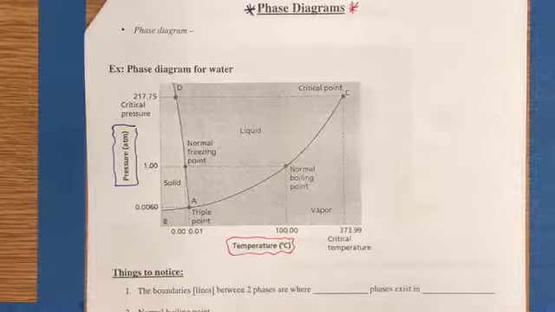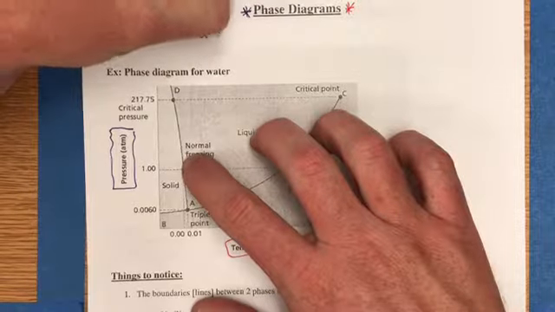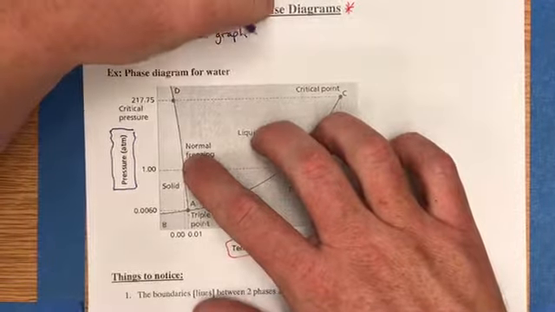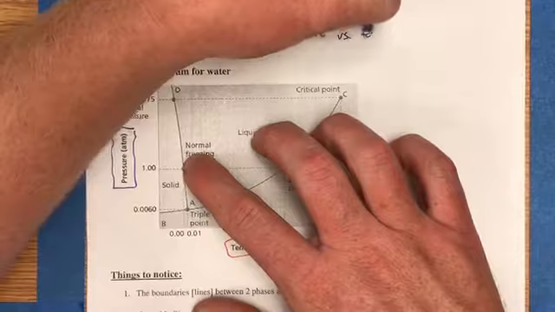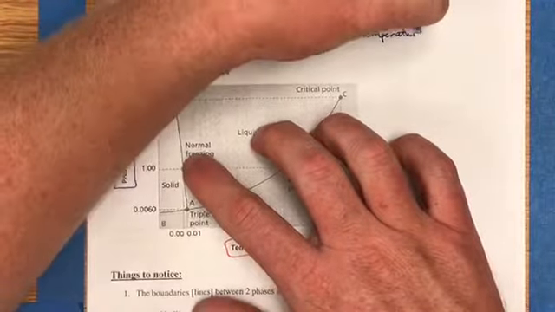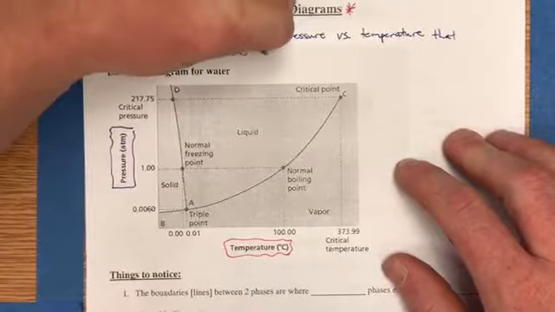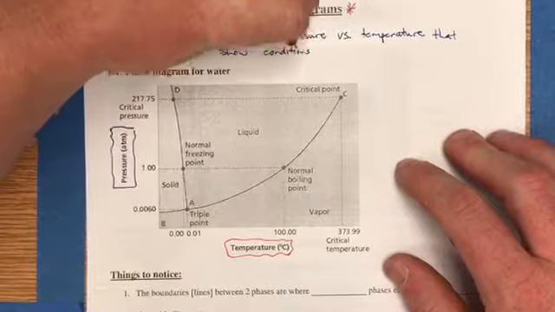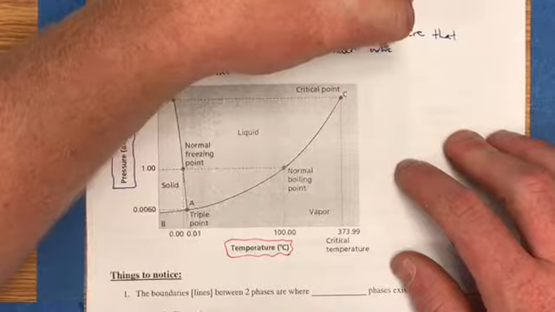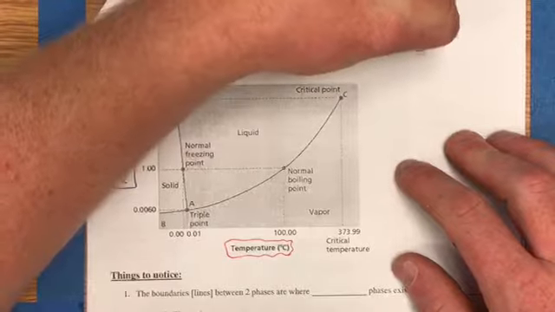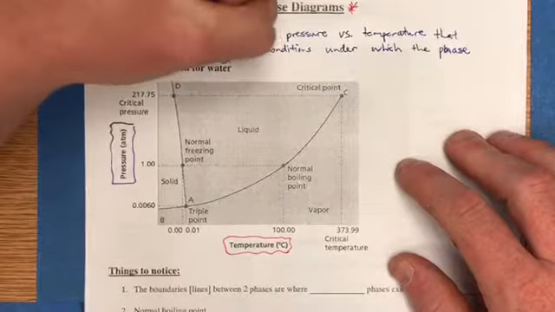A phase diagram is a graph, obviously, of pressure versus temperature that shows conditions under which the phases of a substance exist.